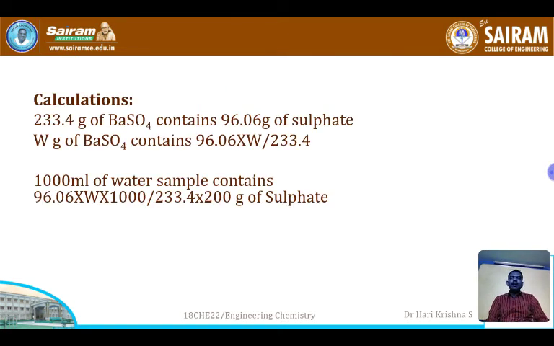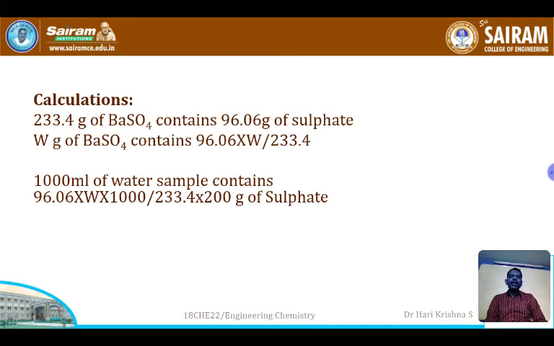Sulphate present in the given water sample is determined by the following calculation. 233.4 grams of barium sulphate contains 96.06 grams of sulphate, whereas 233.4 is the molecular weight of barium sulphate and 96.06 is the molecular weight of sulphate.